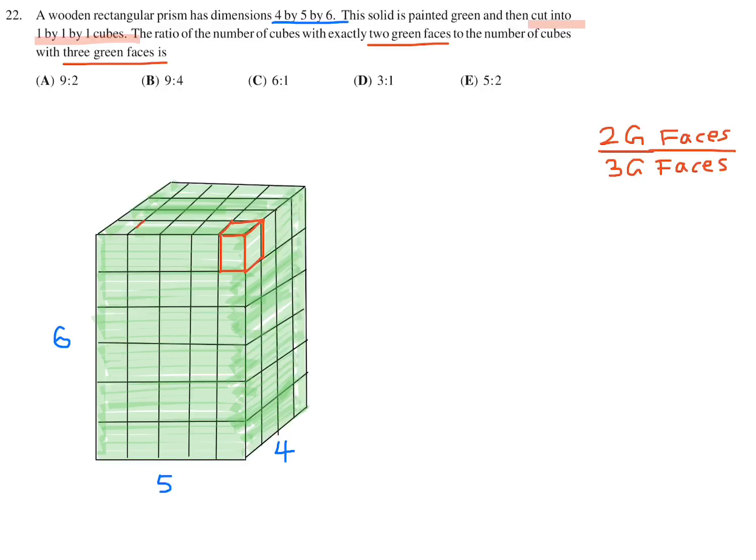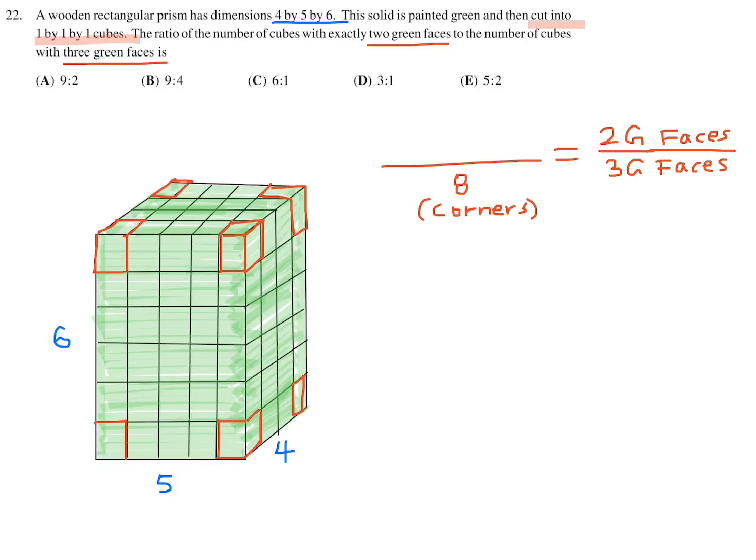And similarly, all the corners will, because all the corners are essentially the same. So how many corners do we have? We got 4 up there, we have 4 down here, right? And therefore, the total number that will have 3 green faces is 8, because we have 8 corners. And I'll just write the word corners in there just so that you know.